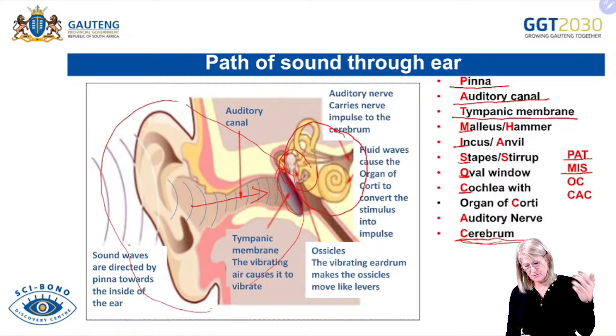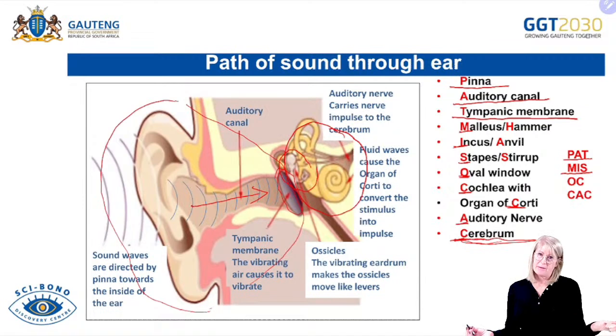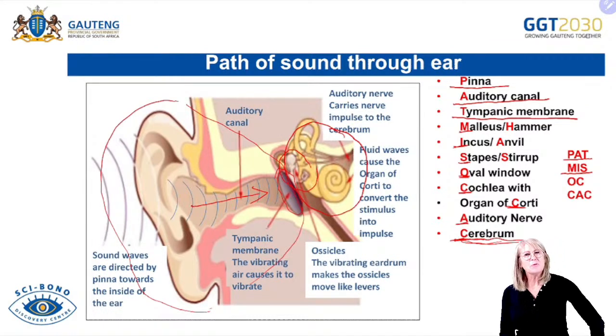Okay, so we say OC, and then to the organ of Corti, which converts that pressure wave into an impulse, and that gets carried via the auditory nerve to the cerebrum. Okay, and so we say PAT, MIS, OC, CAC. All right, hopefully, if you learn that little rhyme, it will remind you of the exact path of sound through the ear.